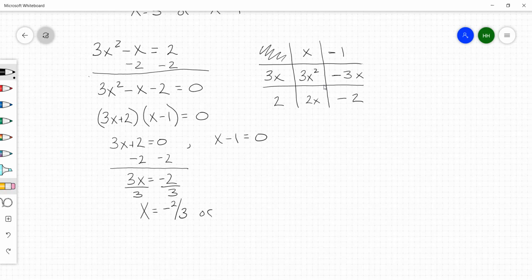And this factor on the right, you could add 1 to each side. So your x is going to be equal to positive 1. So the two places where this parabola will hit the x-axis, negative 2/3 or positive 1.